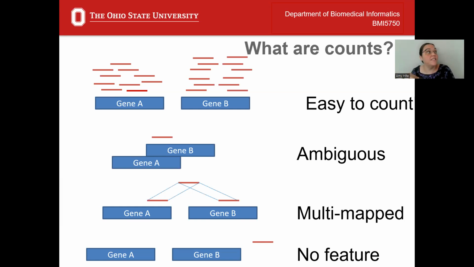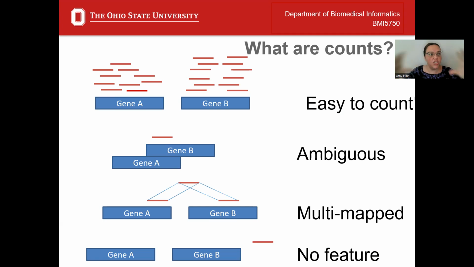There are some other instances where these aligned reads are harder to assign to one gene or another. And that is because the structure of the genome is complicated. If we remember that the DNA gets chopped up in different ways to make RNA, and the RNA is made up of exons, and it could be made up of different combinations of exons, and genes can overlap, and one gene could be going this way and the other gene could be going the other way.